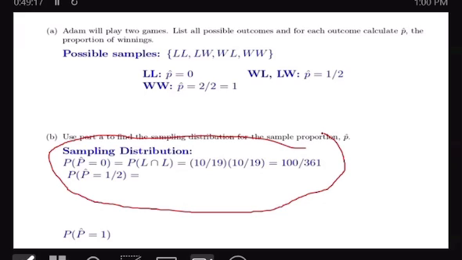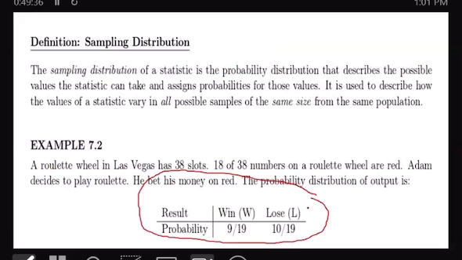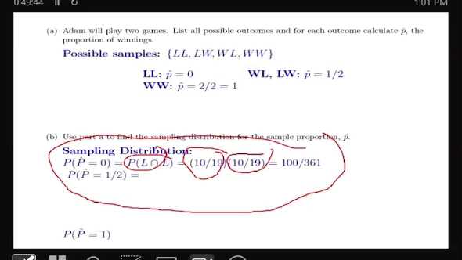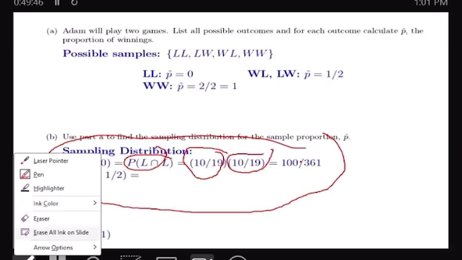You remember what we did before for independent events: the probability of the joint event. Here we are assuming sampling with replacement, right? That's why you have 10/19, 10/19. Don't forget, they've given you the probability of losing as 10/19. So you just multiply that, and at the end of the day, you have this.